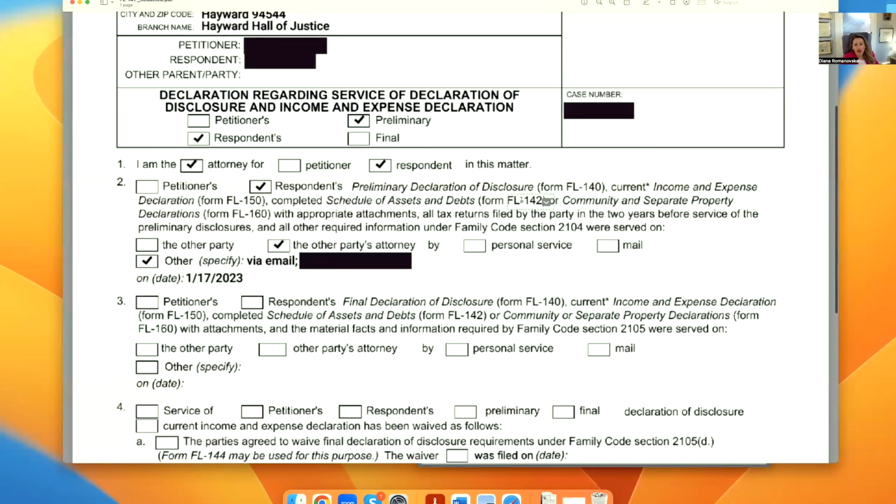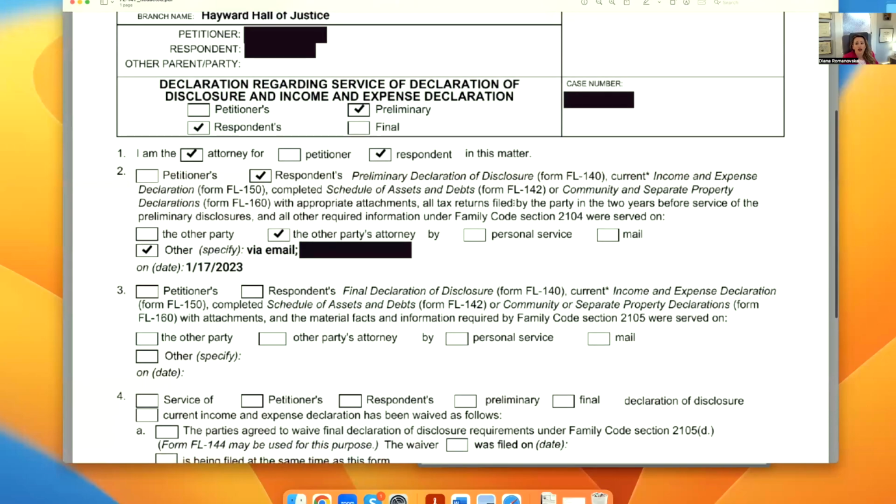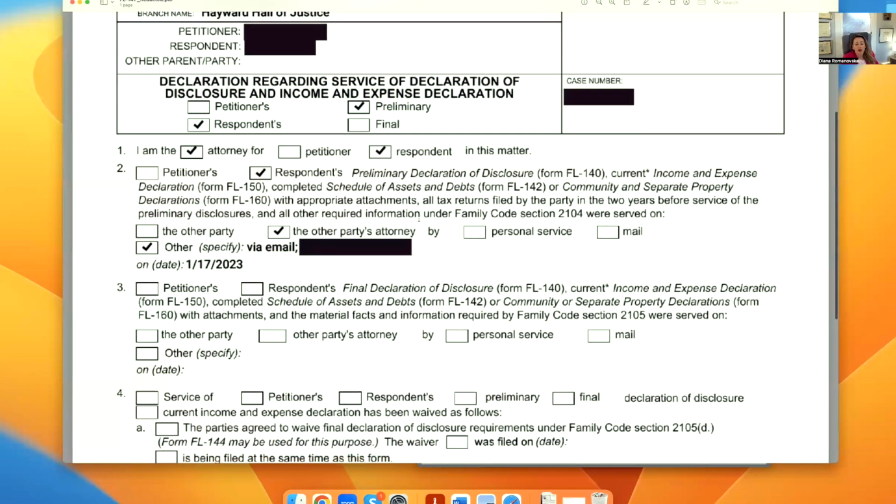Income and expense declaration, assets and debt form, with appropriate attachments, all tax returns filed by the party in the last 2 years before service, and all other required information under Family Code Section 2104. So basically attach the last 2 months of pay stubs, the last 2 years of tax returns, and all attachments required for FL 142, whatever is on there.